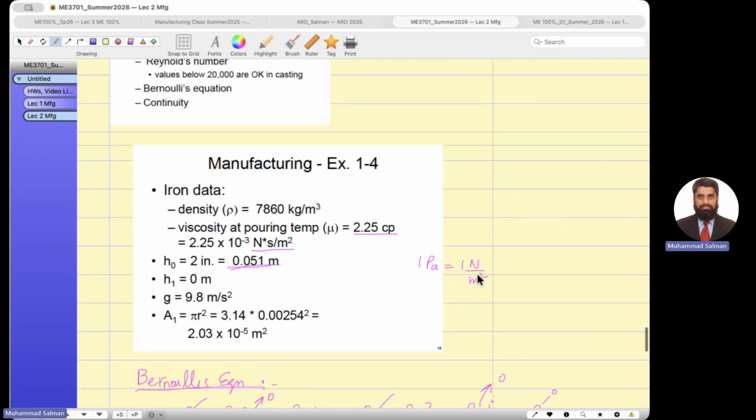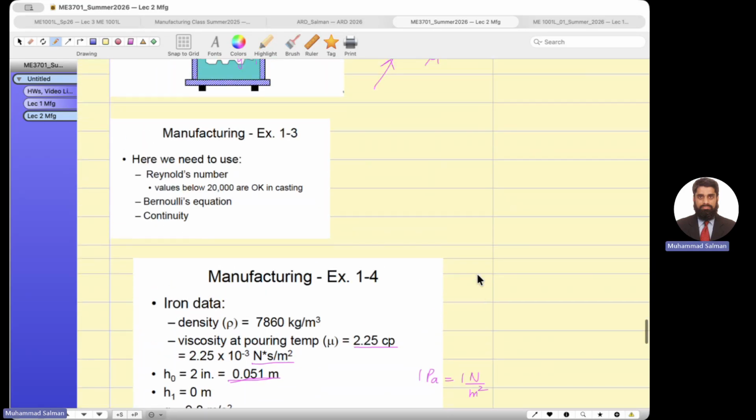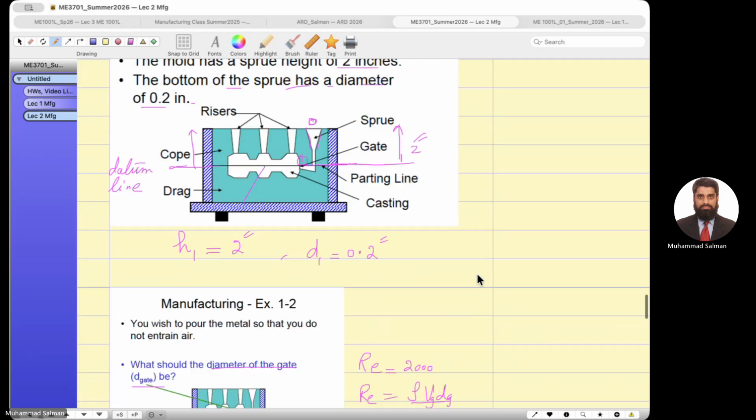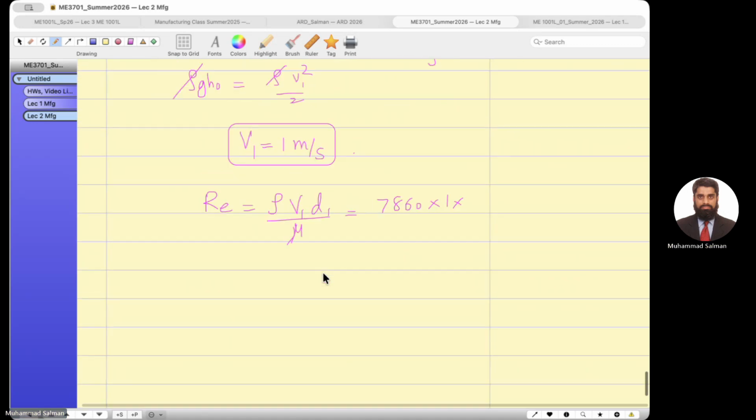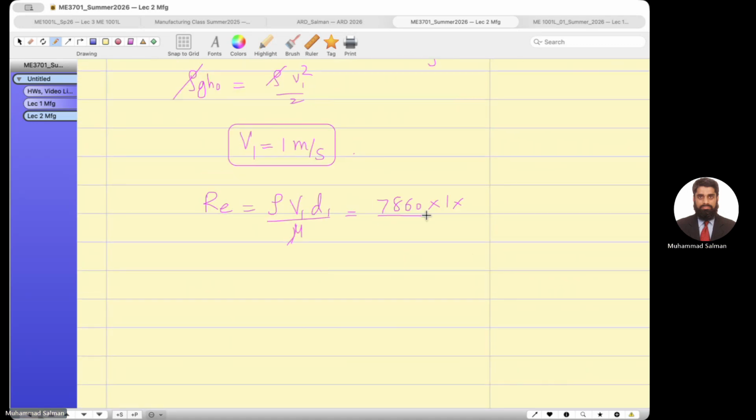What is the diameter of the bottom? The diameter of the bottom, look, is 0.2 inches. Can you convert it into meters? 0.00508.